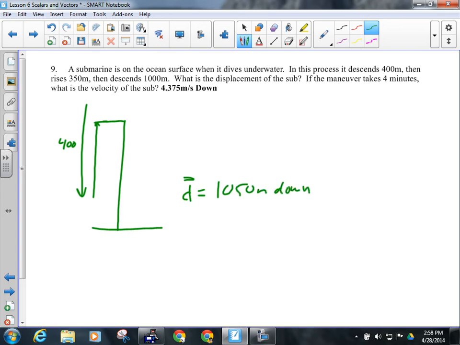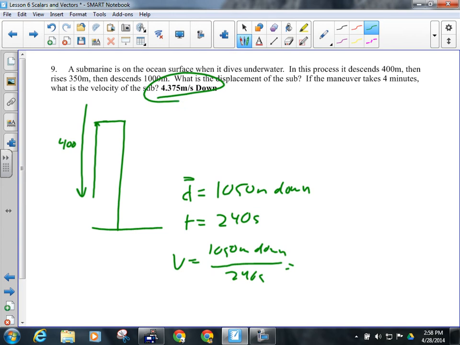This maneuver takes 4 minutes. What's the velocity of the sub? Well, let's change the minutes into seconds, just for argument's sake. So 4 times 60 is 240 seconds. Everybody with me there? Now all I have to do is go V equals 1,050 meters down over 240 seconds, and that should give me my 4.375 meters per second down.